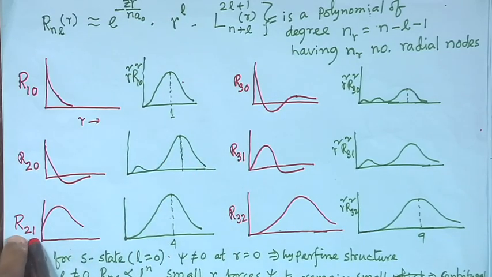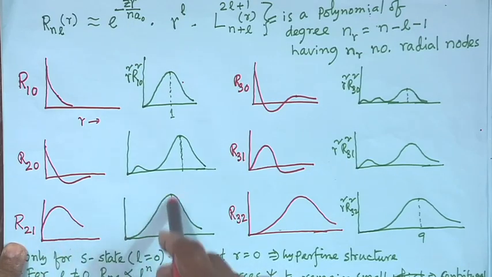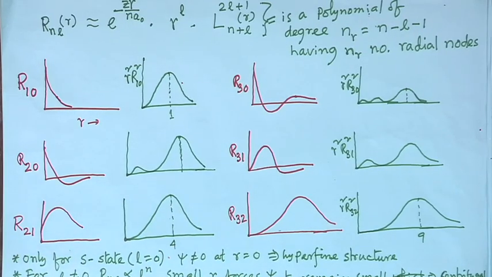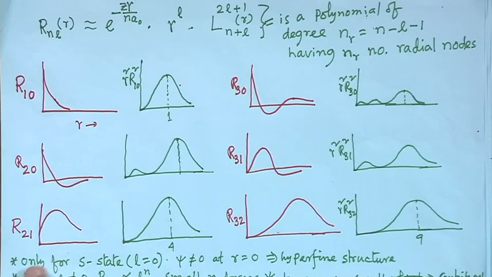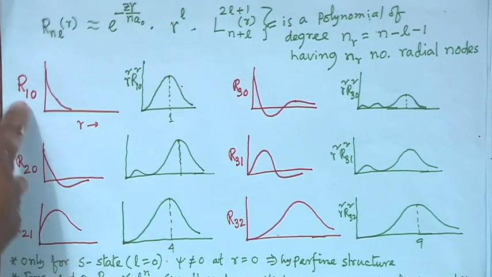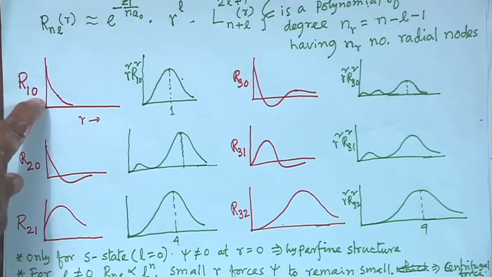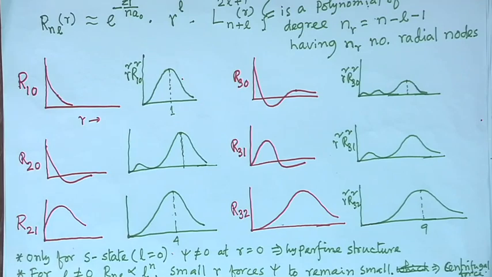Similarly for this state, this is the probability to find it. So here you can see that L equal to 0 is the s state, L equal to 1 is the P state, L equal to 2 is the D state.